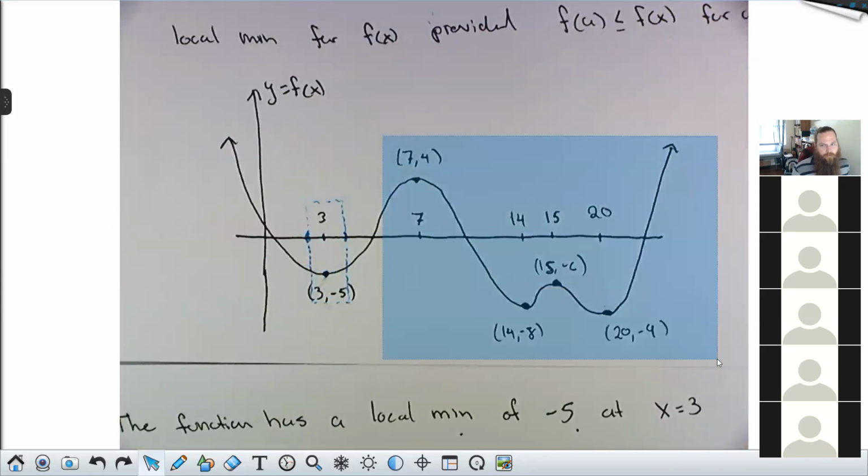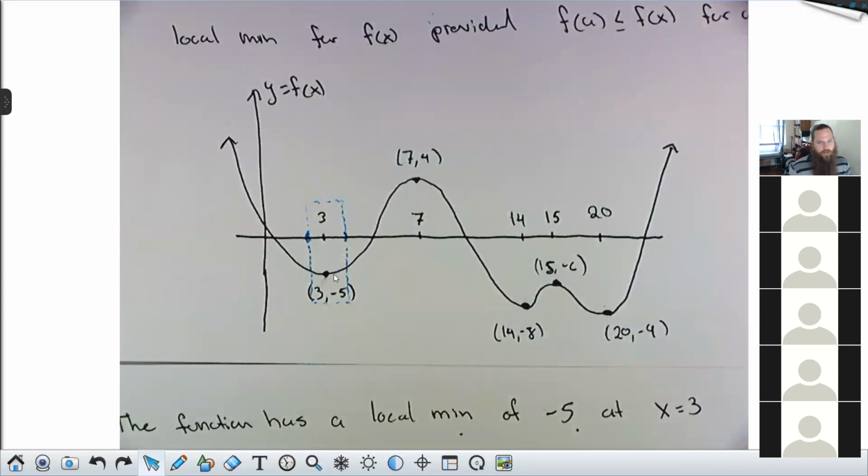We forget about everything else. We just look nearby. And what we mean by nearby is there's some open interval centered at 3 such that f of 3, which is this y value right here, is smaller than any of the other y values in the box.